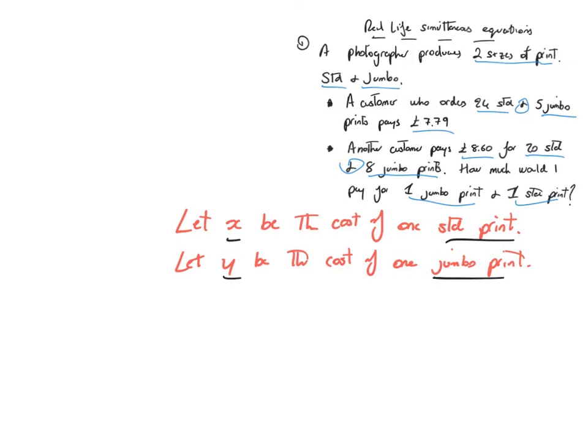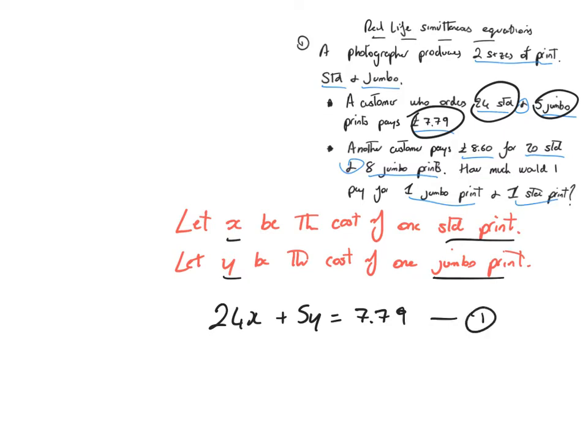Okay, first equation, I've got 24 standard, so that would be 24x plus 5 jumbos, 5y, costs £7.79, equation 1.